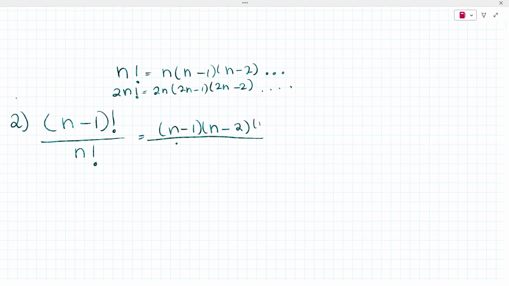We could do n minus 3, but I have a feeling we could stop there because n factorial would be n times n minus 1 times n minus 2, and then everything else cancels. So you can just stop here, and as you can see, the n minus 2 cancels, and then this n minus 1 cancels. So really now you're just left with 1 over n.